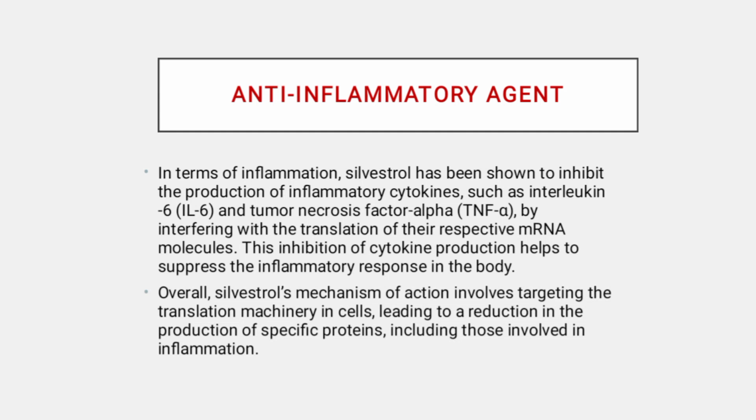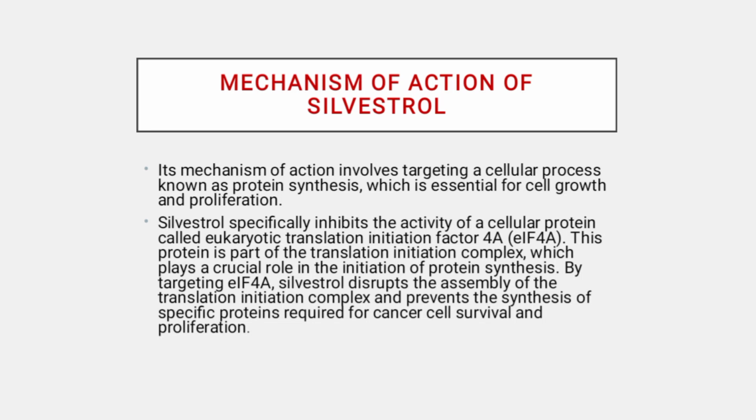By inhibiting or interfering with the translation of their respective messenger RNA molecules, this inhibition of cytokine production helps to suppress the inflammatory response in the body. Overall, Silvestrol's mechanism of action involves targeting the translation machinery in the cells, leading to a reduction in the production of specific proteins, including those involved in inflammation.